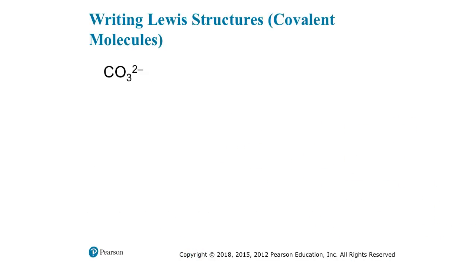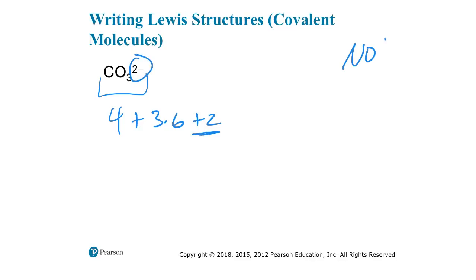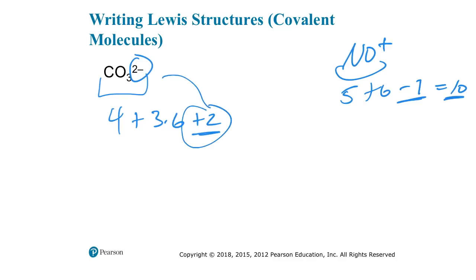So let's write a Lewis structure for the carbonate ion, CO3 2-: 4 plus 3 times 6 plus 2. Now if you ever have a cation like NO plus and we're counting electrons, you would go 5 for nitrogen plus 6 for O minus 1 for the positive charge, for 10 electrons. So you add electrons for a negative charge, and you take electrons away for a positive charge.